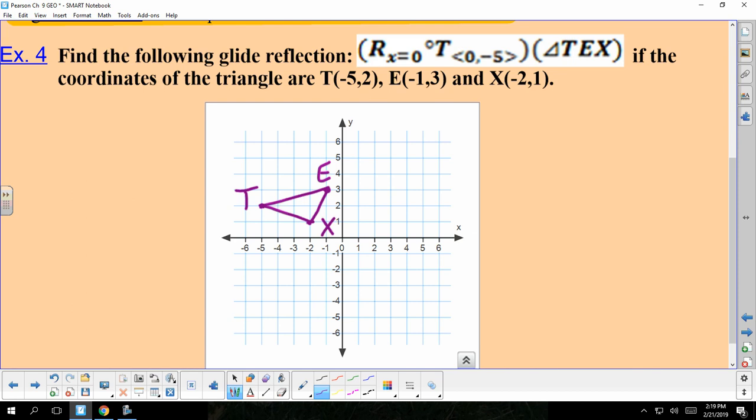All right. So remember, we're going to go right to left. And let's graph the intermediate one first. So I'm going to go and perform the translation. So that translation rule, remember, tells me I go 0 left and right, and then 5 down. So I'm going to drop each of these down 5. So T is going to go down 1, 2, 3, 4, 5. X down 1, 2, 3, 4, 5. I'm going to bring E down as well.